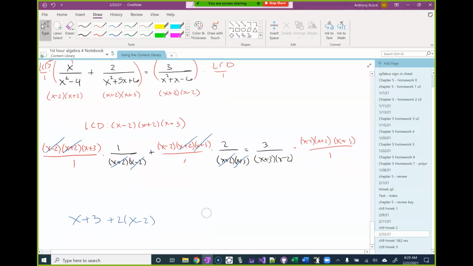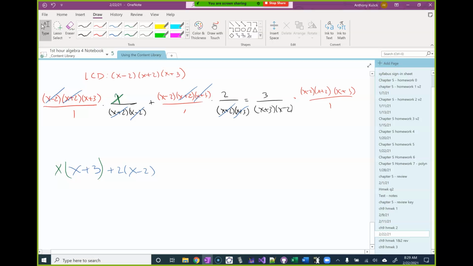Oh my goodness, your teacher is silly. That was an x there. My apologies. And then my last one, the x plus 3's cancel, the x minus 2's cancel, and I'm left with 3 times x plus 2. Notice no more fractions now. That's pretty rad.